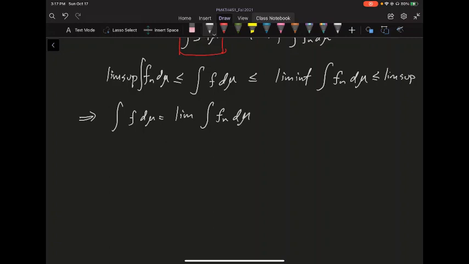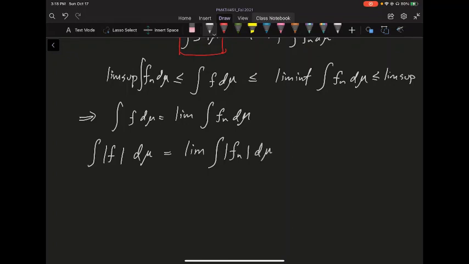In particular, the limit of the integral works for the absolute value too. The integral of the absolute value of f, by the same argument, equals the limit of the integral of the absolute value of Fn d mu.